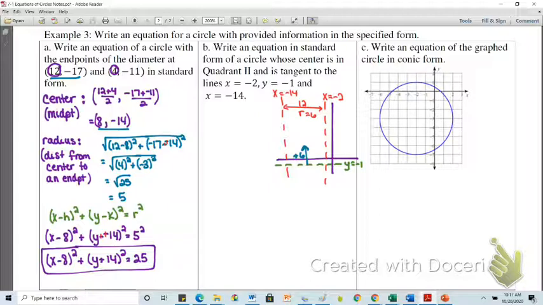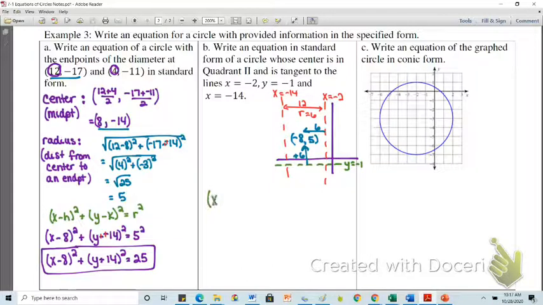So that means my y coordinate is going to be 5. And it has to be 6 from this way. So that gets me negative 8. So my center is at negative 8, 5. So now I have everything I need for my equation.